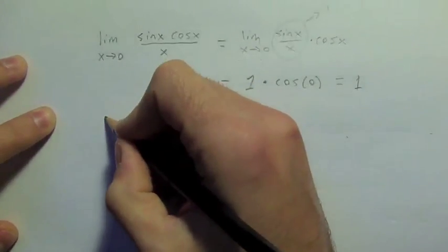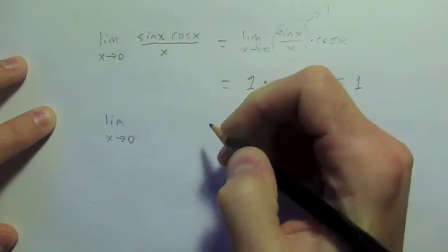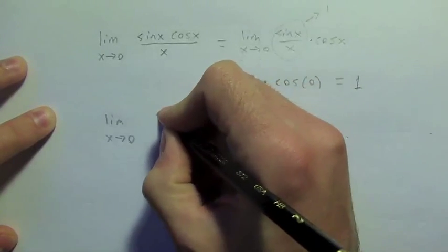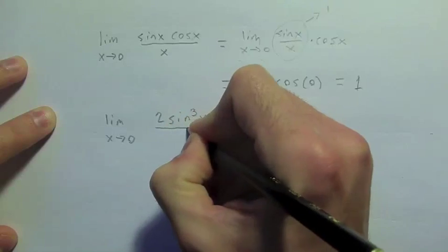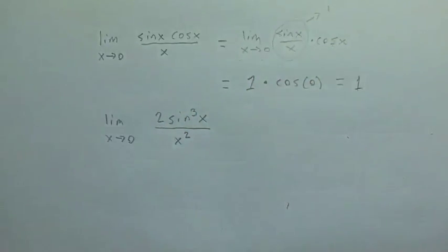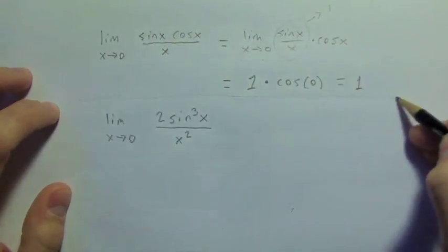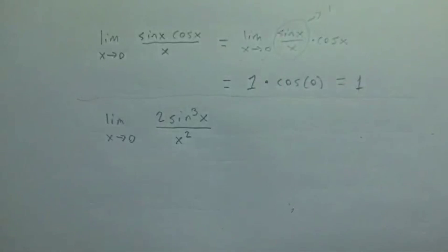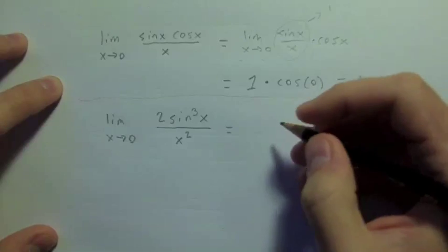Another example where we would break pieces off. Let's say I have the limit as x goes to 0 of 2 sine cubed x all over x squared. Okay, so whenever you see something like this, sine cubed x, sine squared x, what you're basically going to do is just break it up into 3 pieces, right?